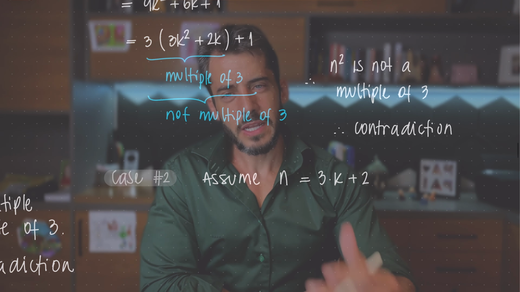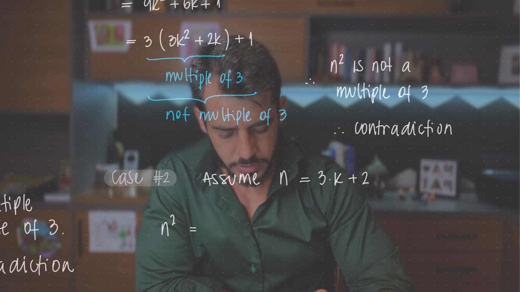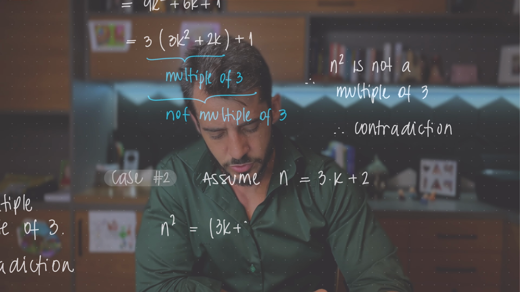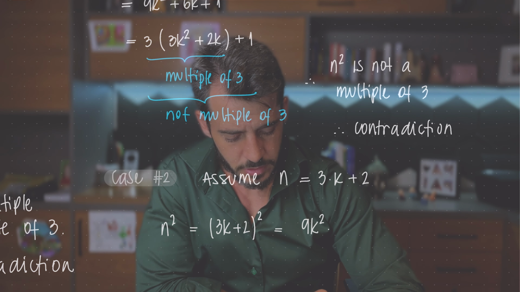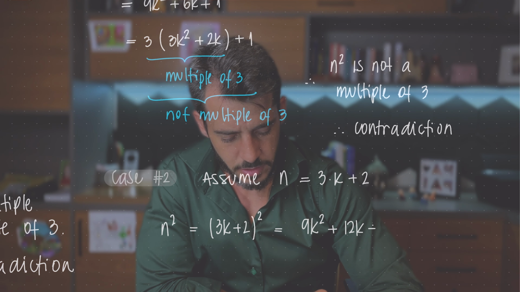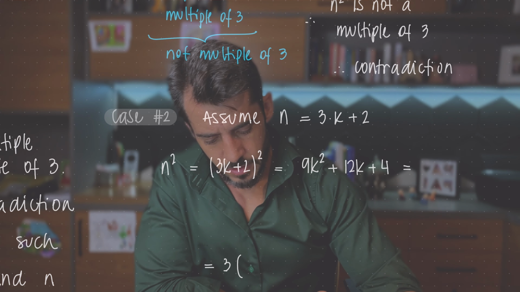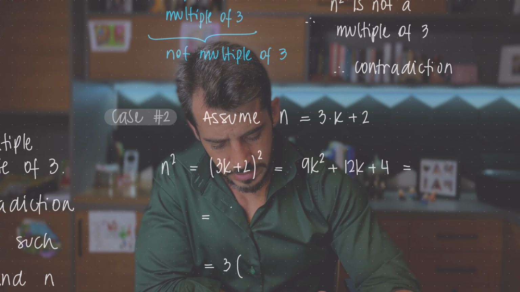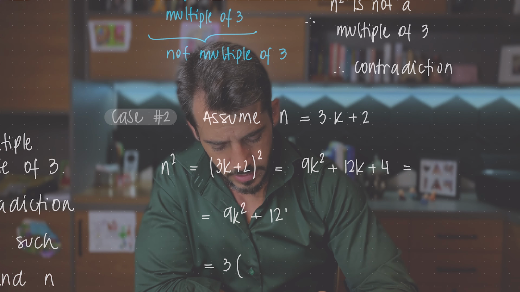Now let's assume that n is 3k plus 2. What is n squared? N squared is (3k plus 2) squared, which is equal to 9k squared plus 12k plus 4. And we can, again, factor out a 3. Before I do that, let me rewrite this 4 as 3 plus 1, because I want to use that 3 as well.